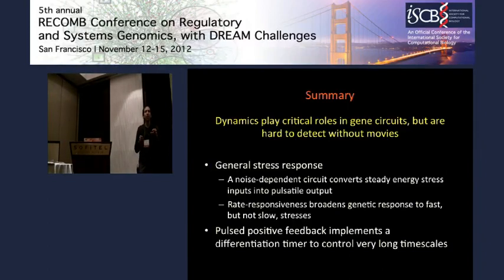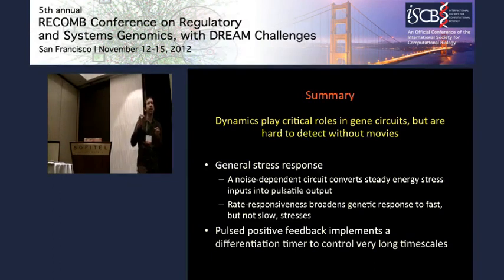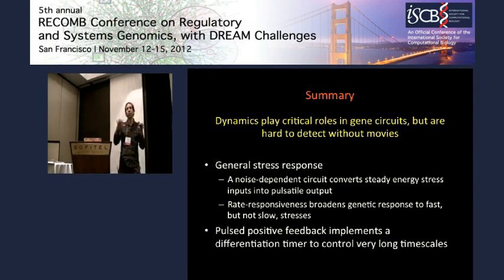So I think the main message that this work has, in a way, is that there are a lot of processes in cells that are fundamentally based on dynamic, often stochastic, and often unsynchronized behaviors between different cells. So this can be very worrisome if you analyze systems based only on cell population averages.